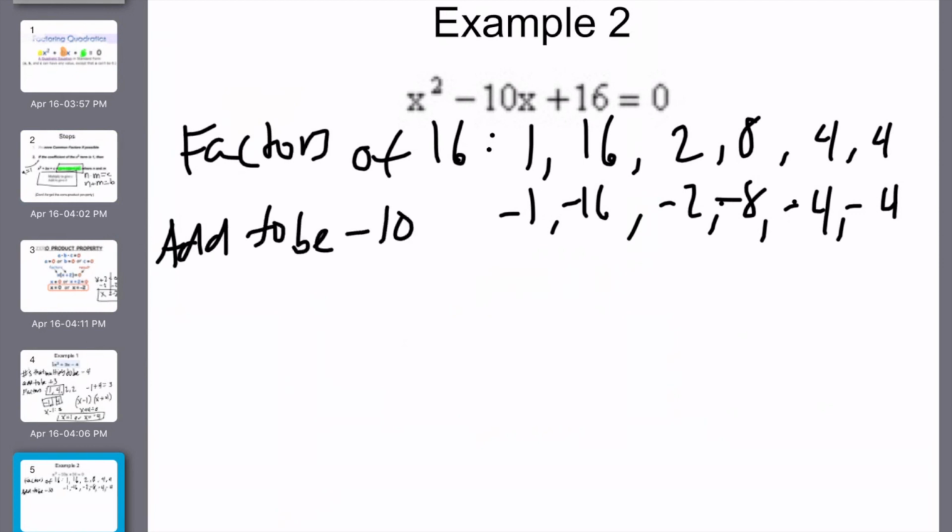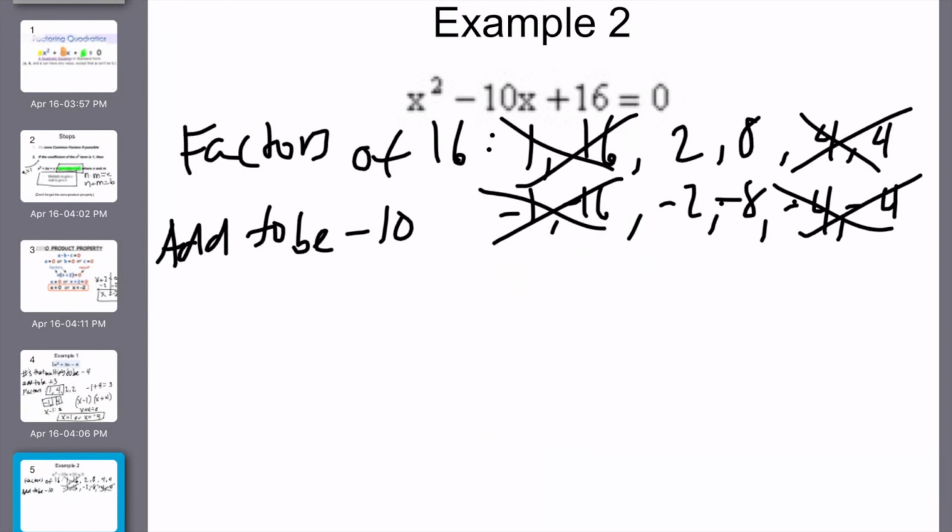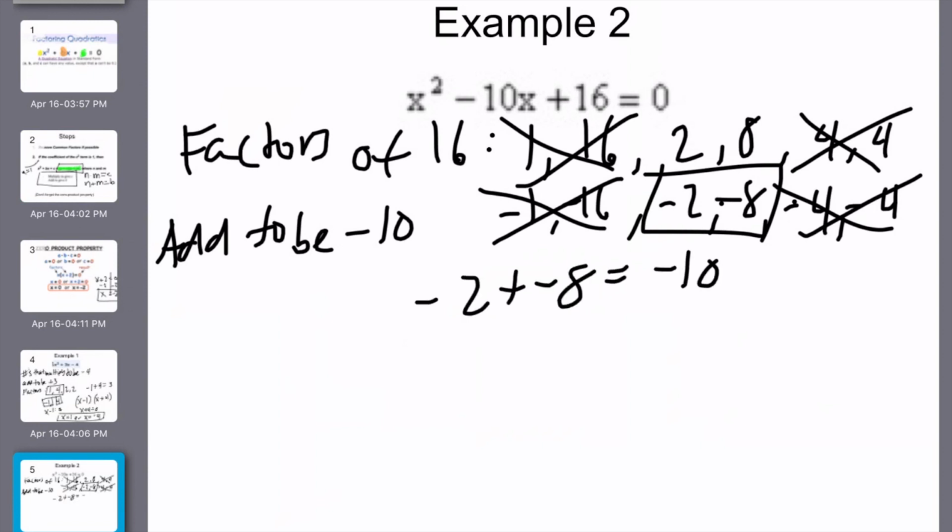Well, if I look at all of my factors, I know that negative 1 and negative 16 aren't going to work. I know that negative 4 and negative 4 aren't going to work. So that leaves me with negative 2 and negative 8, because negative 2 plus negative 8 equals negative 10.